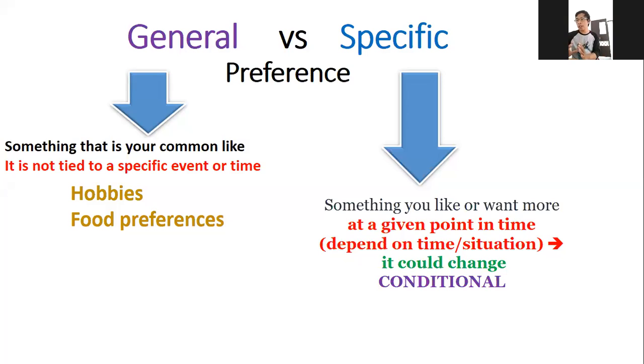The definition of specific preferences is something you like or want more at a given point in time. So it could depend on time or situations, and it could change. So it's kind of conditional. Depending on situations and conditions, your preferences may change.